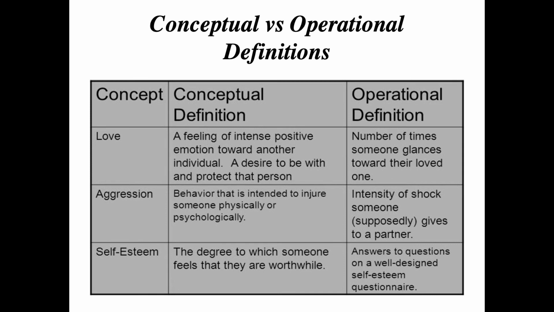Okay, so hopefully, I'll be giving a few more examples in the next slide, and after this, you should be able to distinguish between conceptual and operational definition, the latter being what is more important to us in medical research, right?